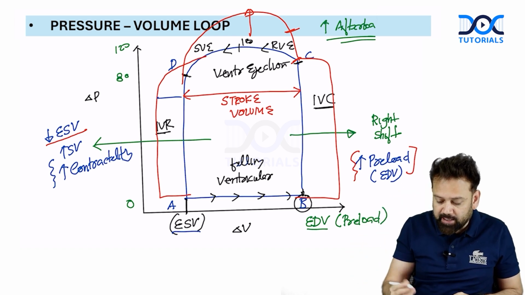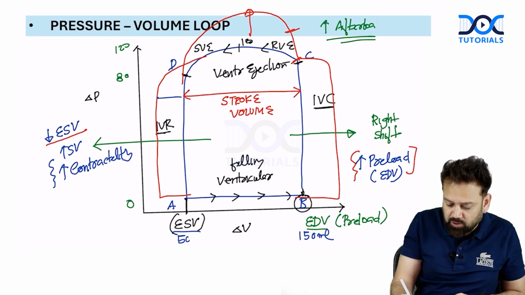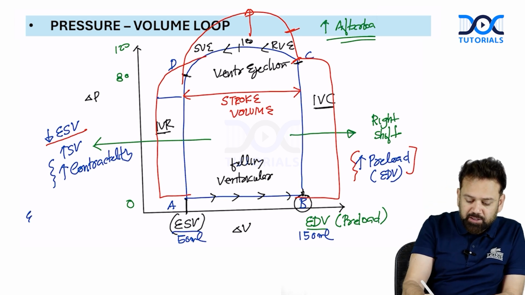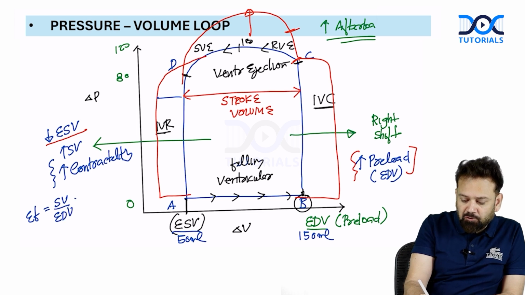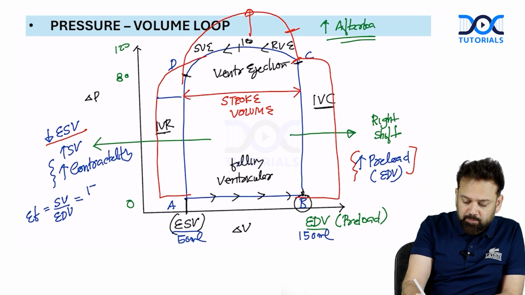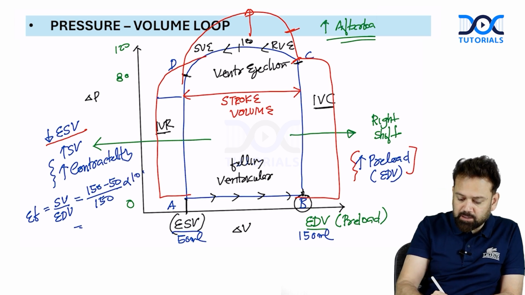Sometimes in the same diagram they will give you, suppose 150 ml is the end diastolic volume and suppose 50 ml is the end systolic volume. So what is the ejection fraction? Ejection fraction is equal to stroke volume upon end diastolic volume. What will be the stroke volume? End diastolic minus end systolic. 150 minus 50 upon 150, into 100, it will come in percentage.